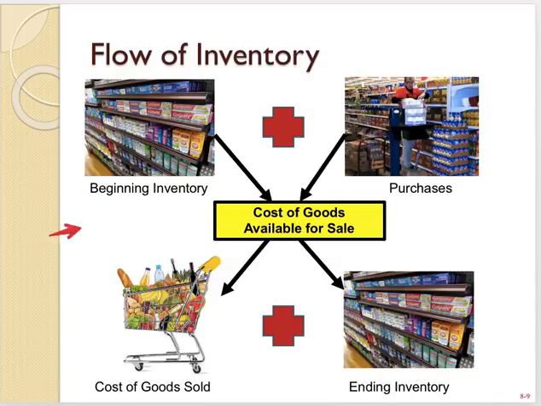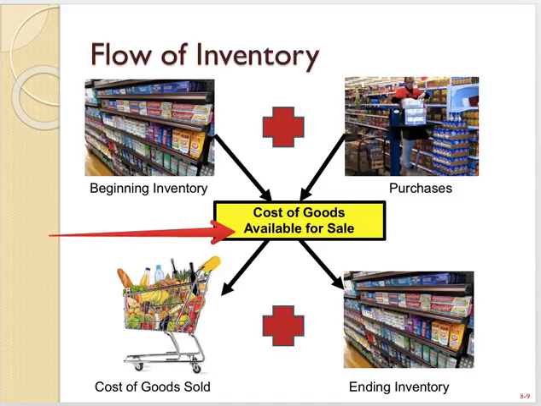Okay? So again, this is what we call the flow of inventory. We start with our beginning inventory, what we had on our shelf. We add in any additional purchases of inventory throughout the accounting period. That gives us our total cost of goods available for sale, everything we had available during the period.